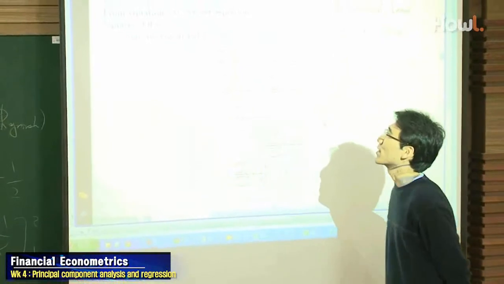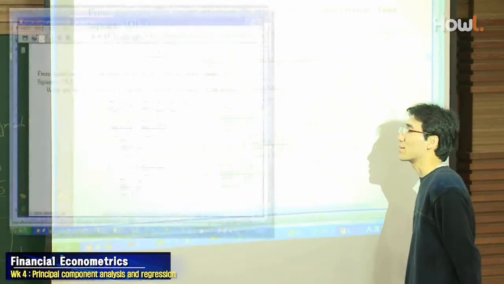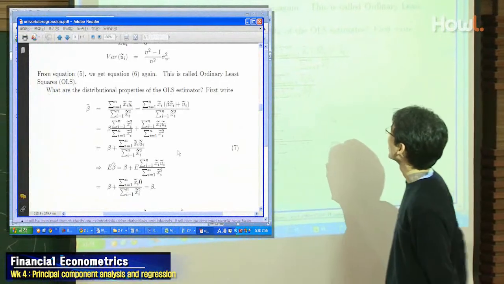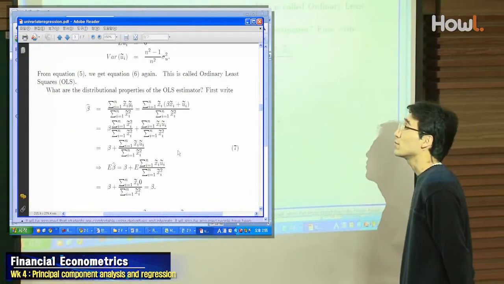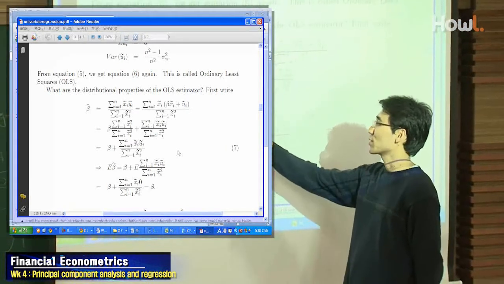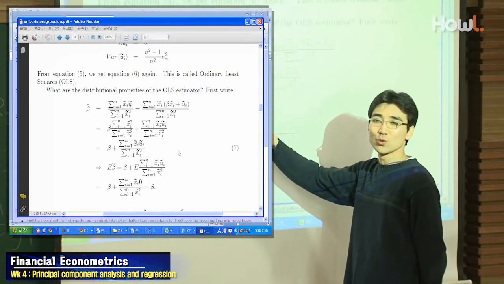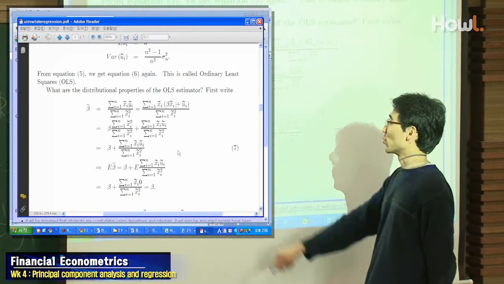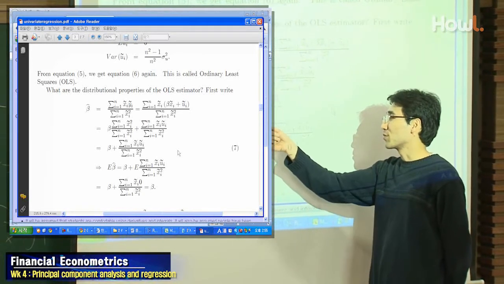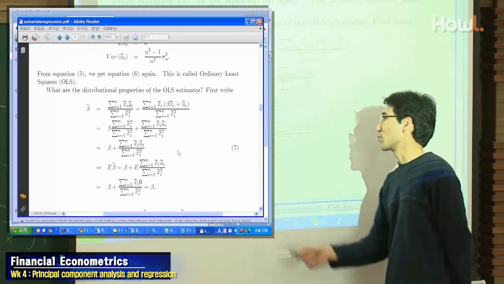Therefore, if we take the expectation of each side, the expectation of beta hat, the estimate of beta, is basically a random value as well. The expectation of beta is something we don't know; it is the true beta, right? It is a constant, so it goes outside.